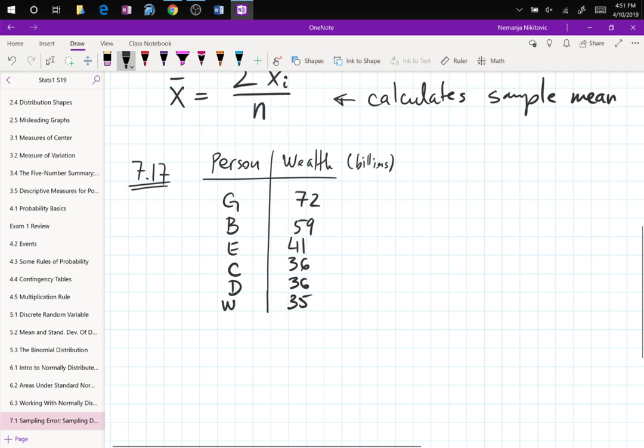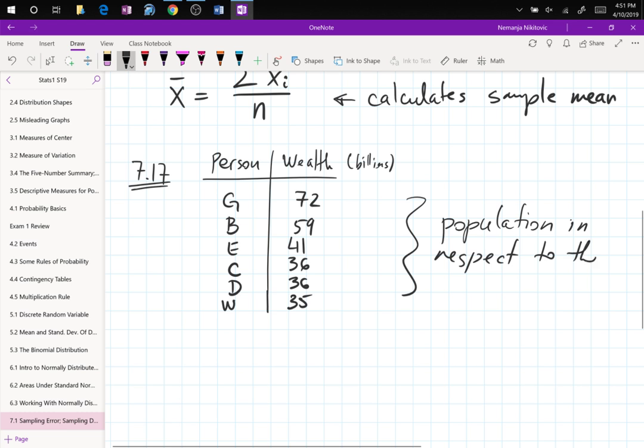But they didn't make a list of top 6, which makes this into a population in respect to the restriction of top 6. Okay, so now we understand why this is labeled as population.